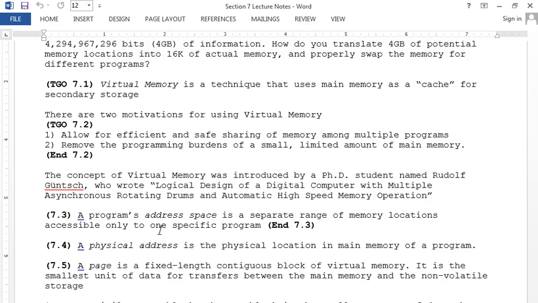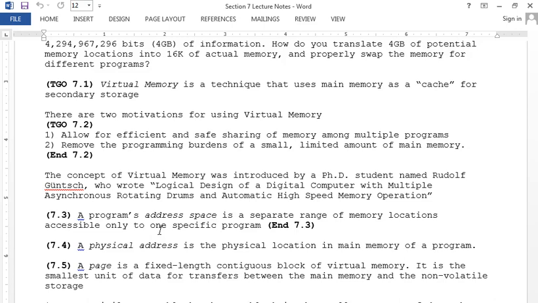So a program's address space: we have this memory, right? We have data memory, right? I've been telling you about this box, and then we have this tiny little cache, level 3 cache, and then we have this physical storage. The address space of a program is indicated: this runs one program, this runs another program, this runs another program, and so forth.